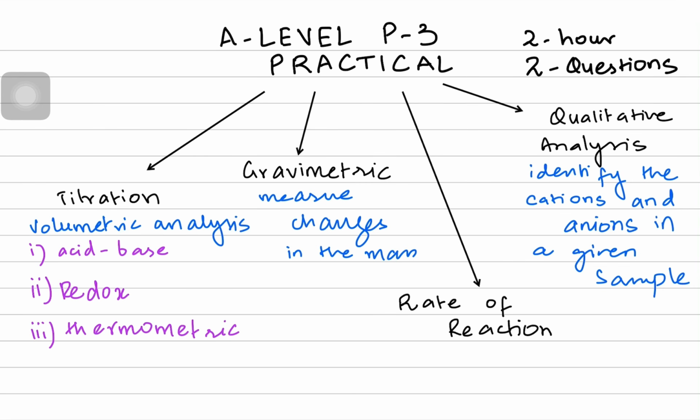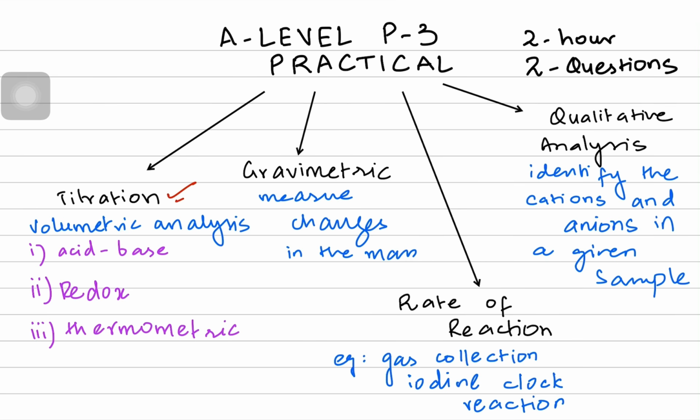For example, you can have gas collection, or you could have the iodine clock reaction. These are the examples, by the way. You could have some other questions also from rate of reaction. In today's video, we'll start discussion about titrations, and we'll see what titrations are and how we do them.